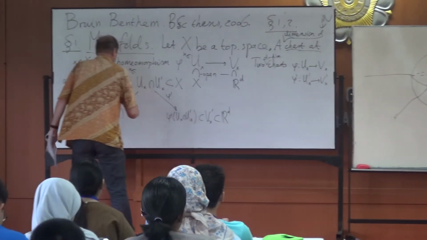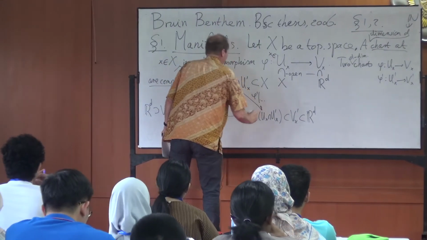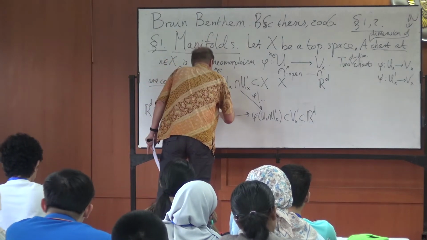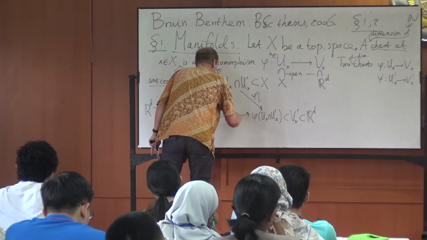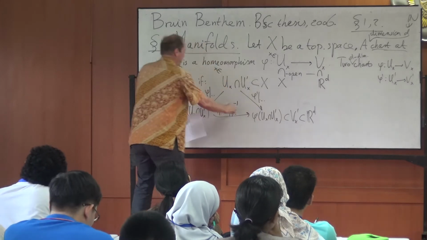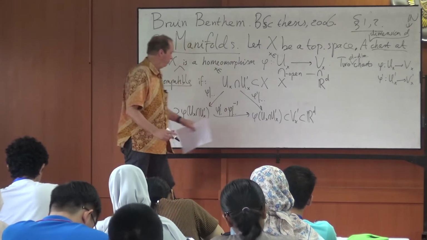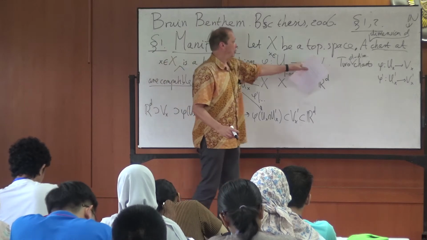Anyway, I say that here I have now phi prime restricted. So I'm not going to put this whole thing here. So phi prime restricted to that subset, composed with phi restricted to that subset, inverse. I can now go from this to this, because this phi x was a homeomorphism.